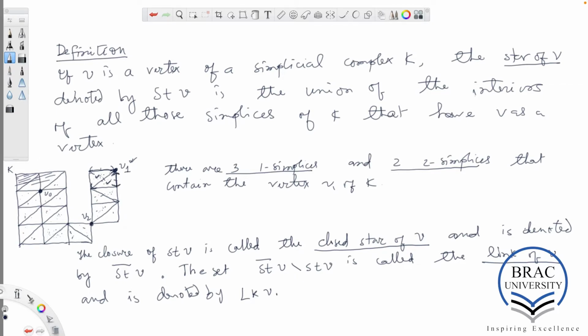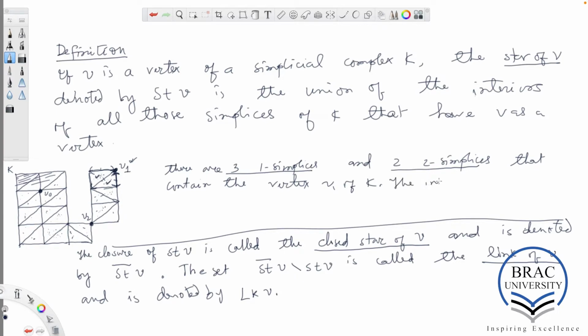You take the union of these, along with the union of the interiors of these two two simplices, and what you get is this open set here, which is bounded by this rectangle, the boundary of which is the whole rectangle.